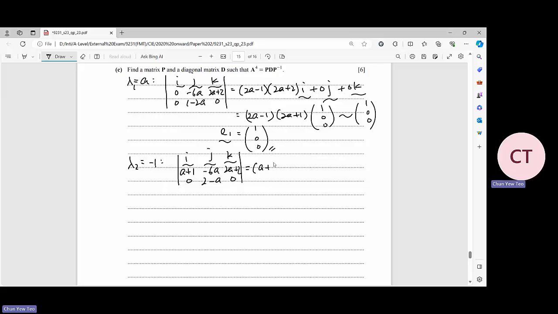Okay. So this one is negative A minus 2A, multiplied by 2A plus 2. Okay. Then 0i, 0j, sorry. Then for the k, it will be A plus 1, 2 minus A. Okay.